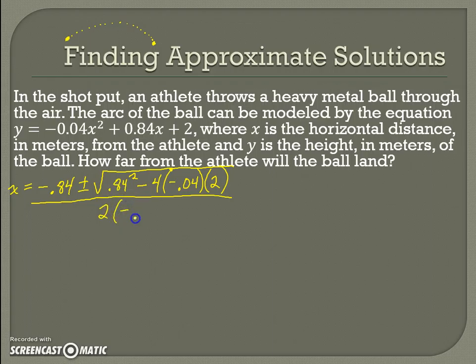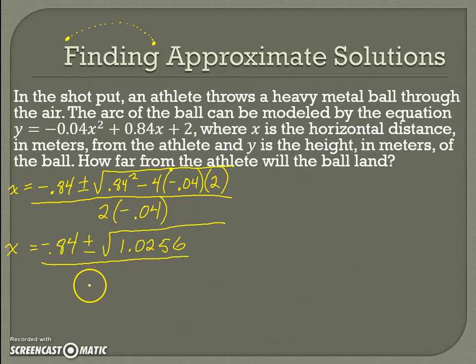All divided by 2 times negative 4/100. And then we just work through this whole thing. So I know it's ugly, but it's not the worst thing in the world. So I get negative 0.84 plus minus. Underneath this, when I multiply and add all these things together, I'm going to skip a step, but you could do that in your calculator. Please do. I get 1.0256, all divided by negative 0.08.